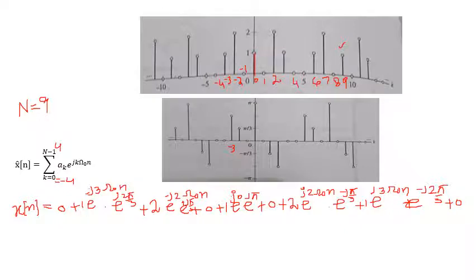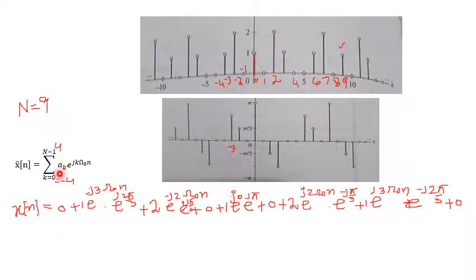So now you can see that this is your magnitude response, and this is the phase response. So if I expand this equation, and we have found that the period is 9, so we take the summation from minus 4. You understand this summation can be taken on any period, so we are taking it from minus 4 up to 4.